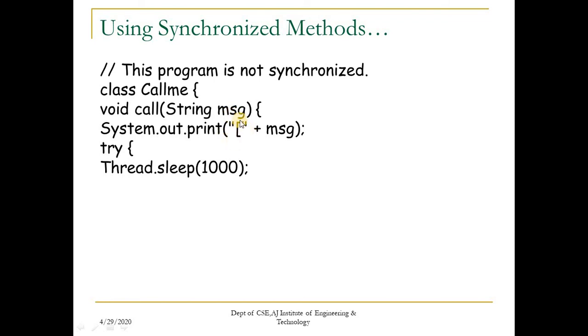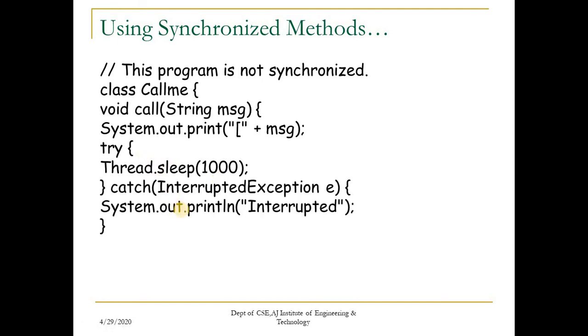Next it will display the opening square bracket and the message. Next you will put that thread to sleep for 1000 milliseconds. You have the try and catch block. Whenever you are using the sleep method, you need to define the try and catch block.